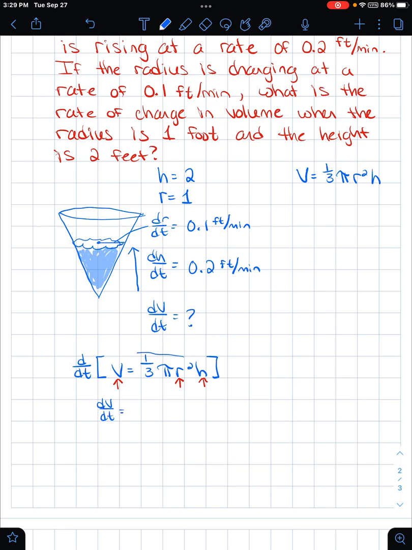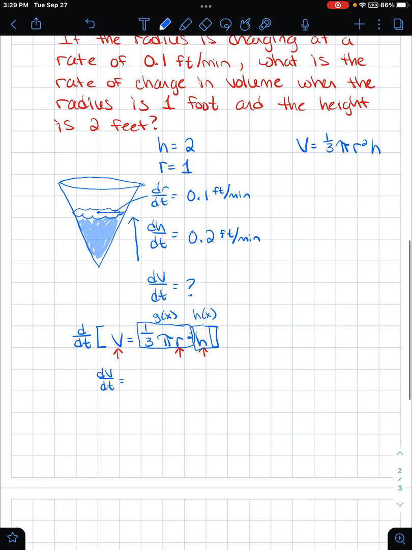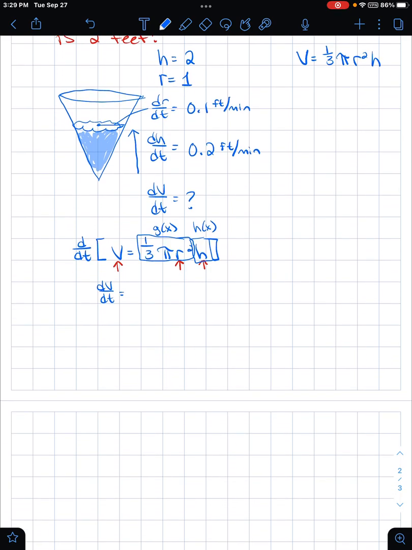I'm going to count 1/3 pi r squared as g of x, and I'm going to count h as h of x. So in order to use the product rule then, I need to find the derivative of g. The derivative of g, I'm going to use the chain rule. So I'm going to multiply the 2 out in front, which is 2/3 pi, without changing the radius or changing the inner function, multiplied by the derivative of the inner function.